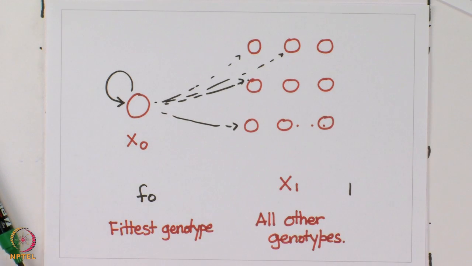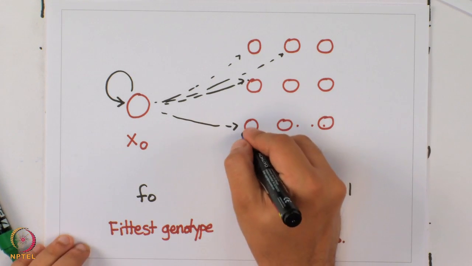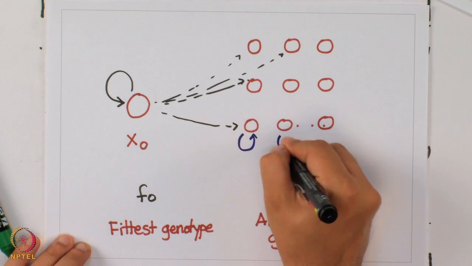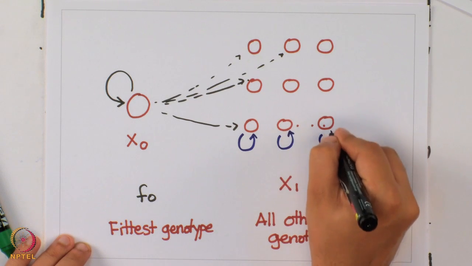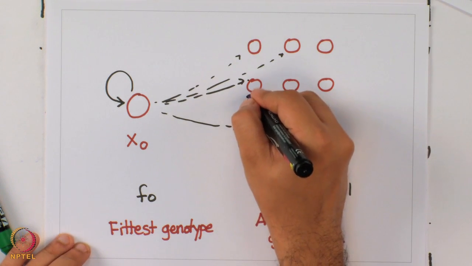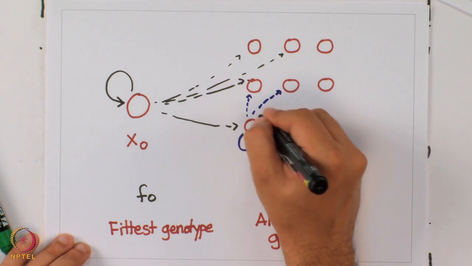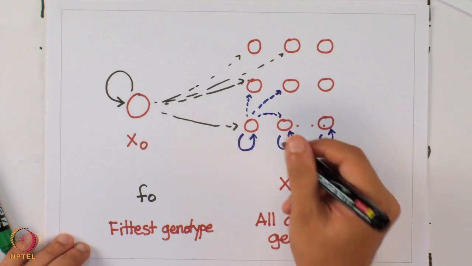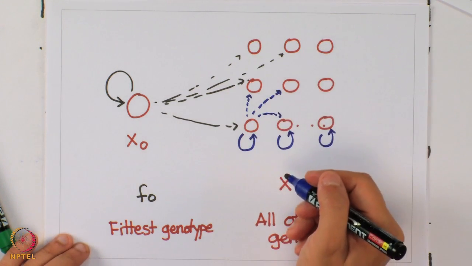That is going to happen, but at the same time all of these other nodes are going to replicate, and they are going to produce progenies which are identical to themselves, but they will also make errors during the replication process and lead to progenies of other genotypes.